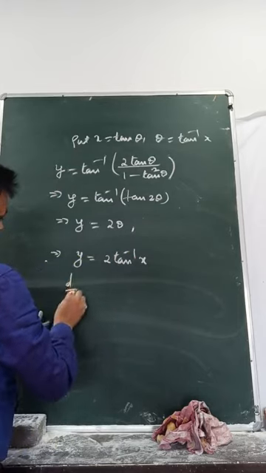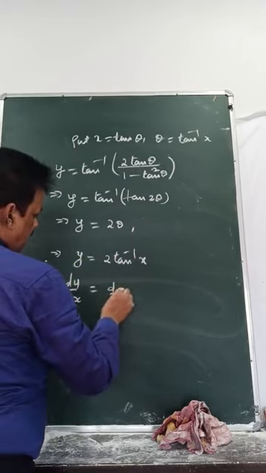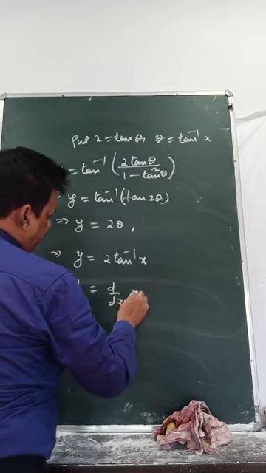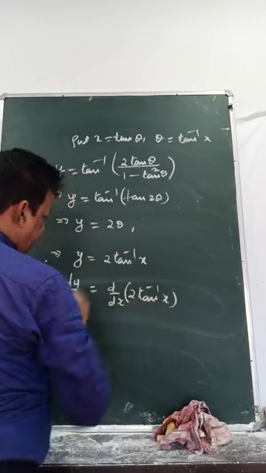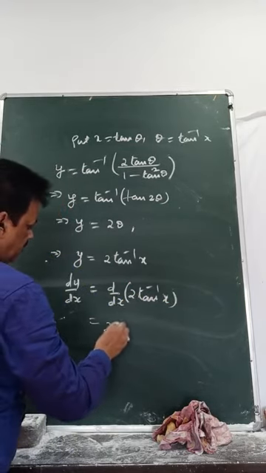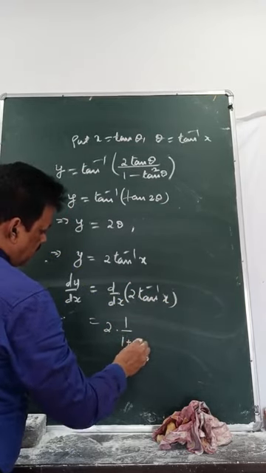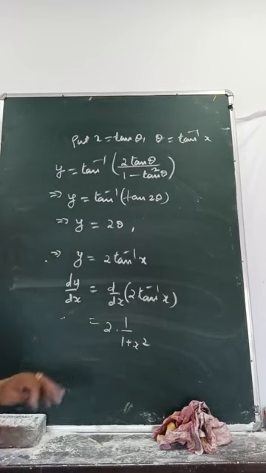So d/dx, dy by dx is d/dx of 2 tan inverse x. So that is 2 into 1 by 1 plus x square. But this question, if it is asked in some other way, how will you answer it?